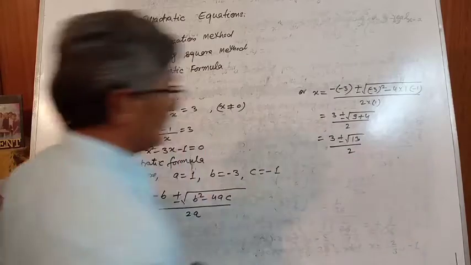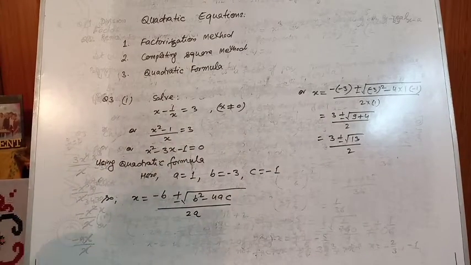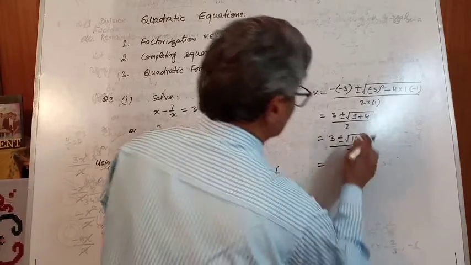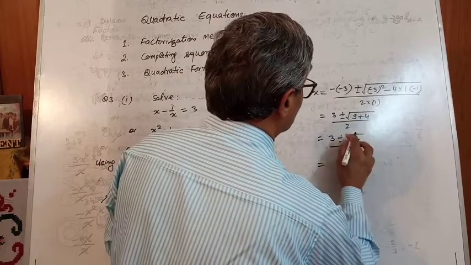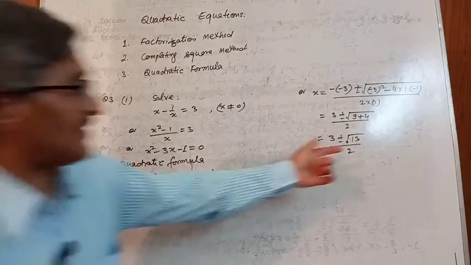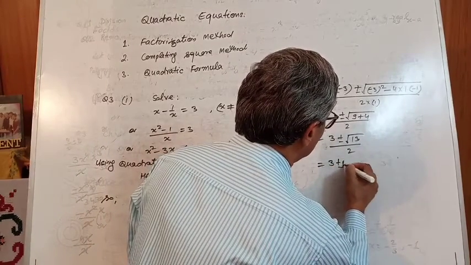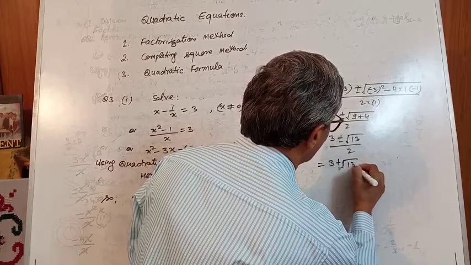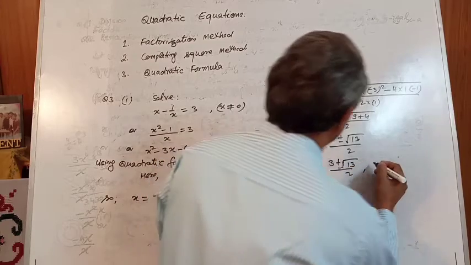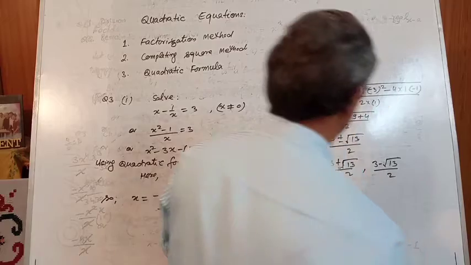So these are the two roots. We can separate them. The square root of 13 is not possible, so we will write it like this only. So there will be two roots, 3 plus root 13 by 2 and 3 minus root 13 by 2.